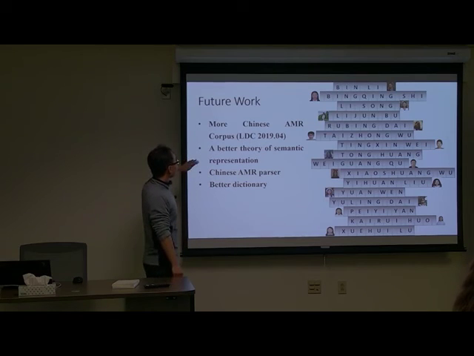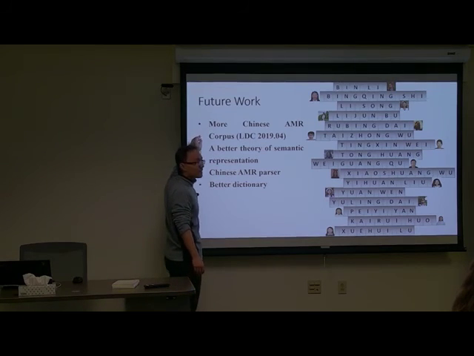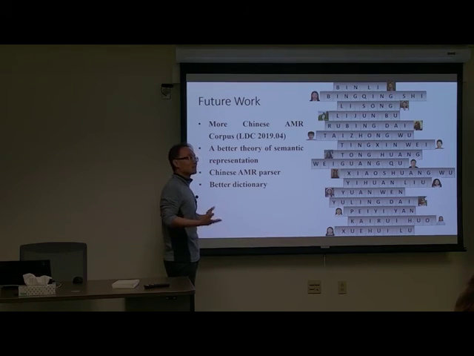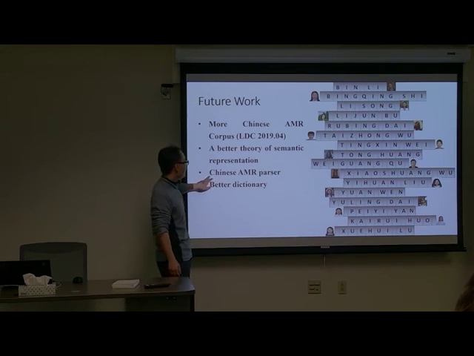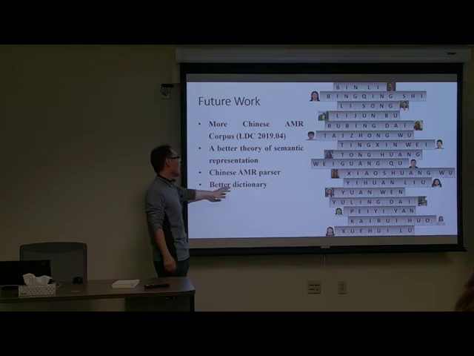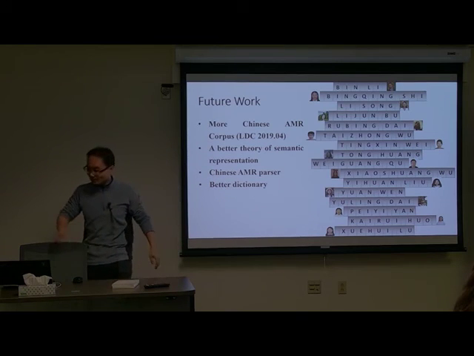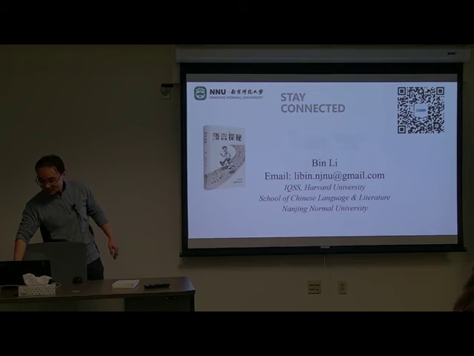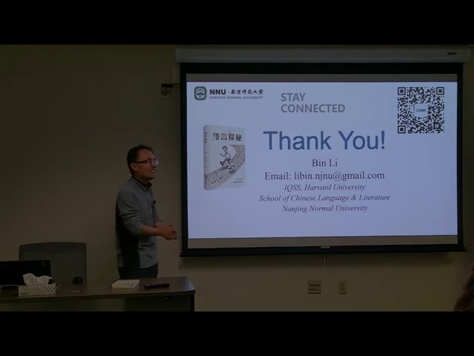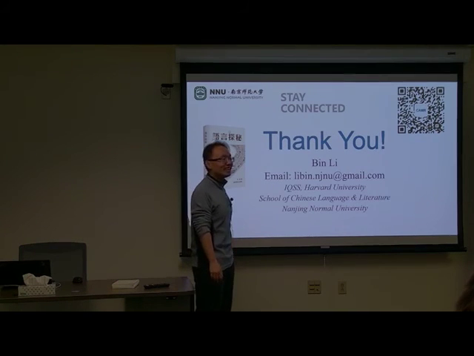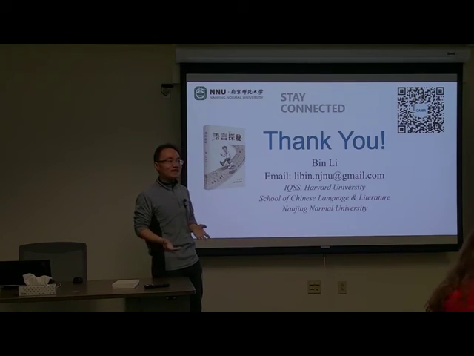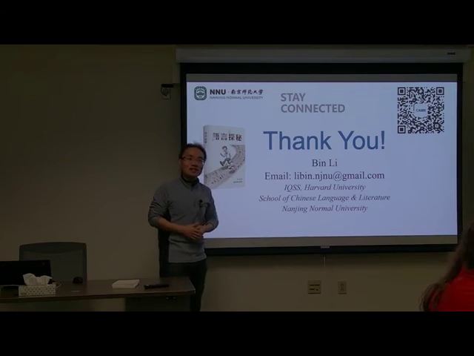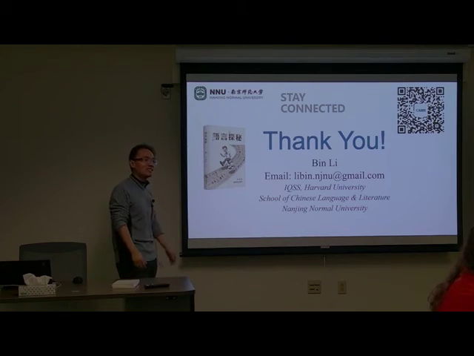And we are going to annotate more data, and I hope we can release them from LDC. And we have to develop a better dictionary and AMR parser. So that's all of it. And I hope you can give us some advice on how to do this hard work.